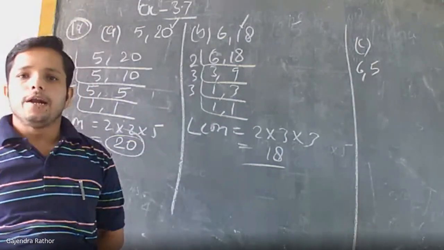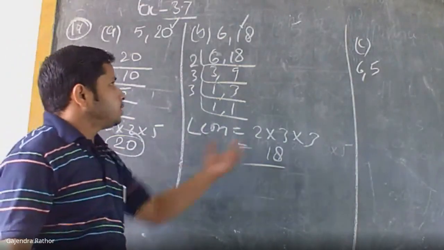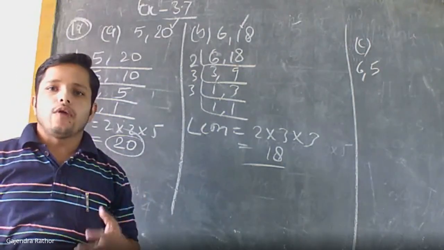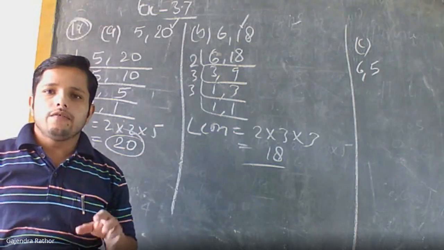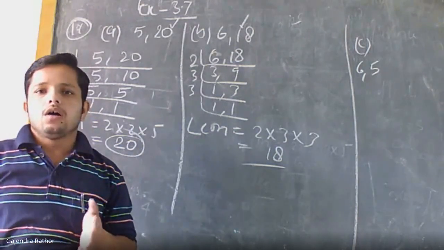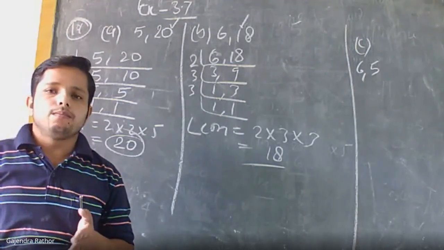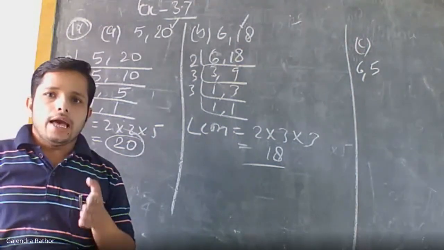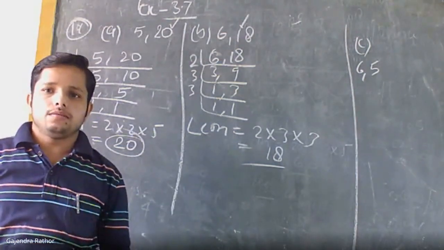So our answer is correct. 18 is the answer. So this is the second very useful property. If given two numbers and one number is a factor of the second number, then in such cases the LCM will be the greater number.